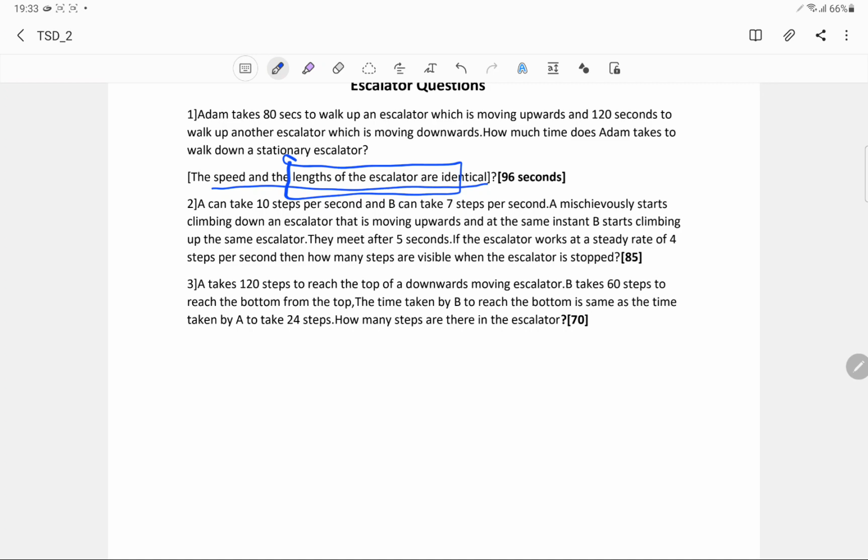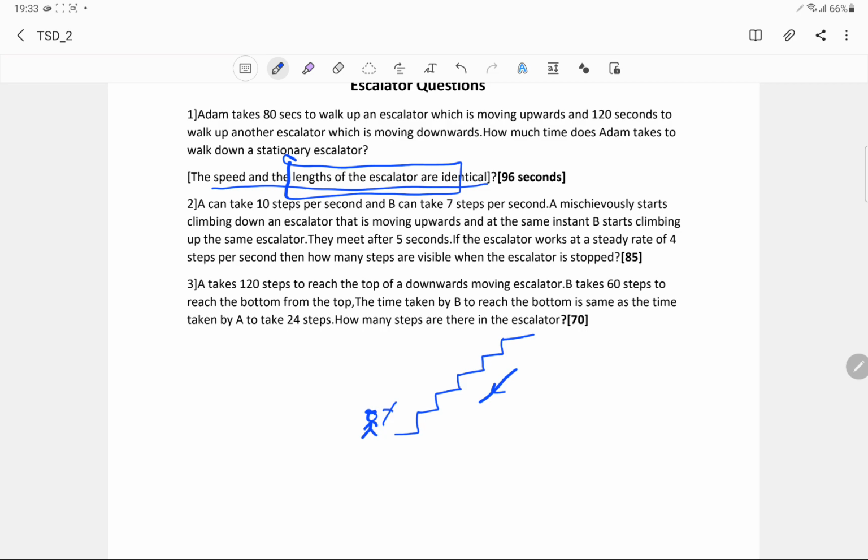A takes 120 steps to reach the top of a downward moving escalator. Okay. So if the escalator is something like this, moving in this direction, and A is standing here and moving up, A takes 120 steps to reach the top of a downward moving escalator.